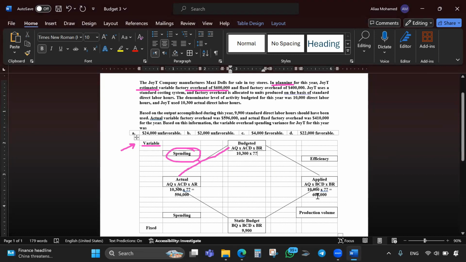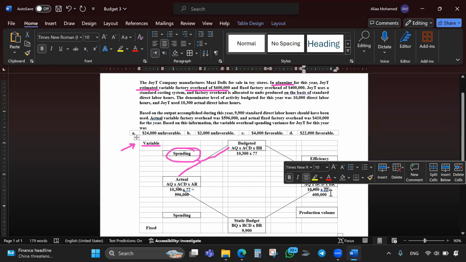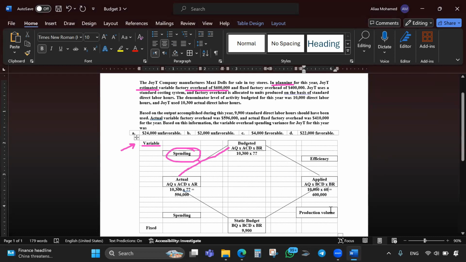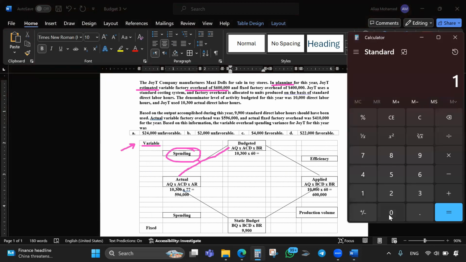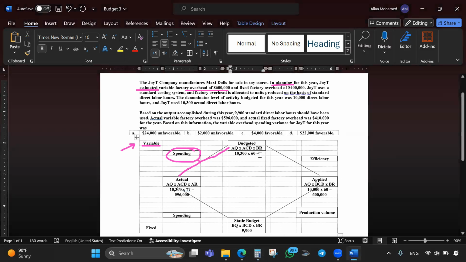I need to calculate budgeted rate because I need it here. So I'll divide 600,000 by 10,000 direct labor hours, which will result in $60 per hour, which I'll use here, $60 per hour. So I can calculate the budgeted variable overhead, which will be equal to 10,300 multiplied by 60, equal to 618,000.